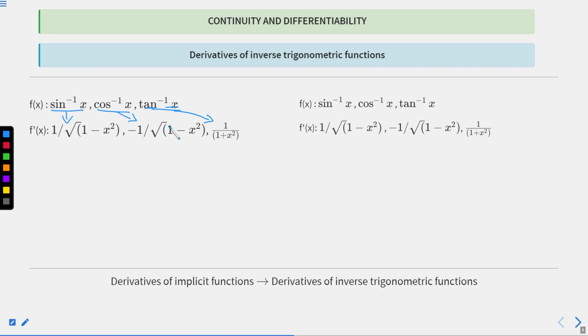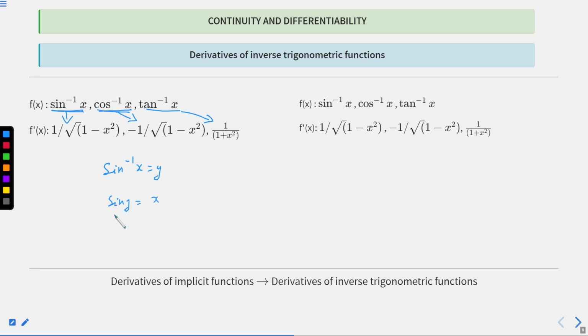Now differentiate it, as it is our implicit function. I am going to give you only one of them. So you first wrote sin inverse x is equal to y, and then sin y is equal to x, which is my implicit function.